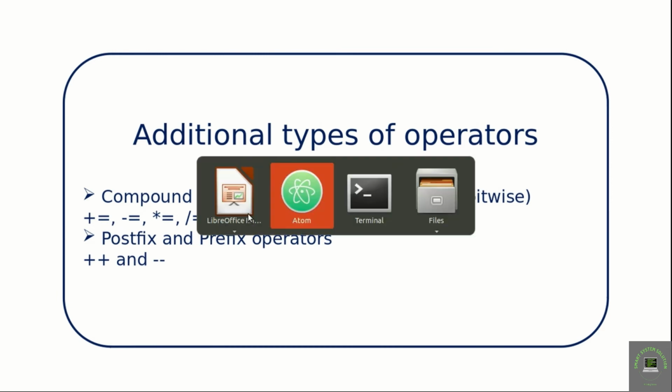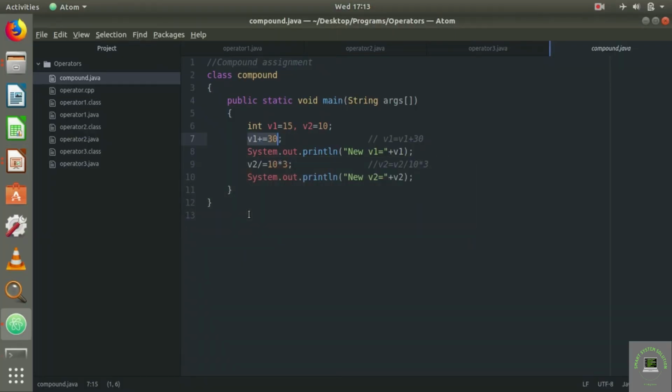So how compound assignment works is, for the case of plus equals to, the variable on the left is added to the expression on the right, and then the evaluated expression's value is assigned back to the variable itself. So v1 plus equals to 30 could be simplified as v1 equals to v1 plus 30, which means add the value 30 to v1 and then assign it to v1 itself.